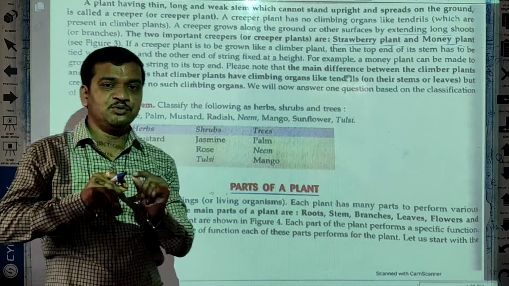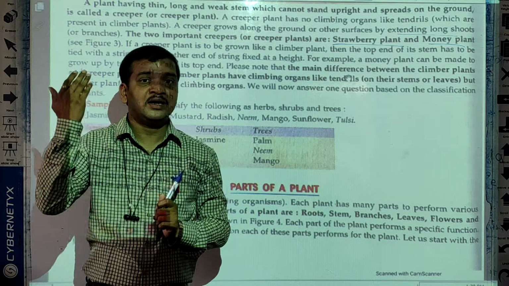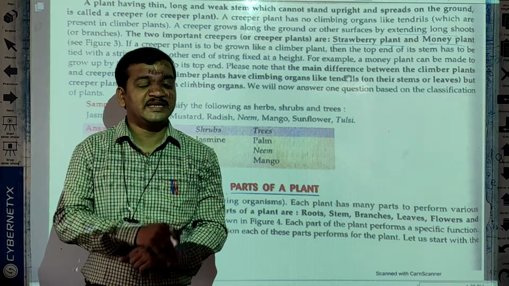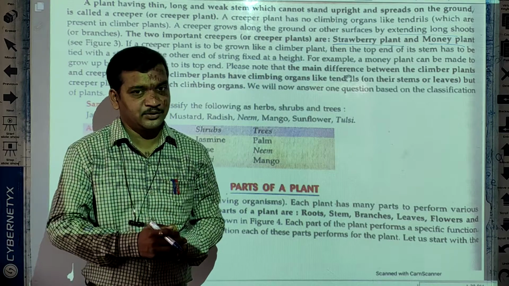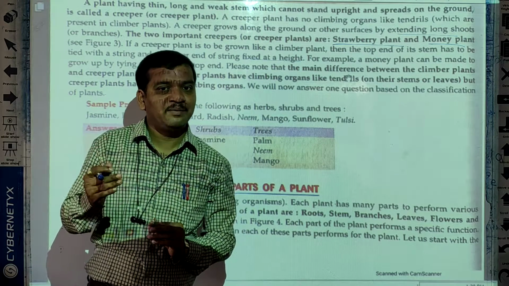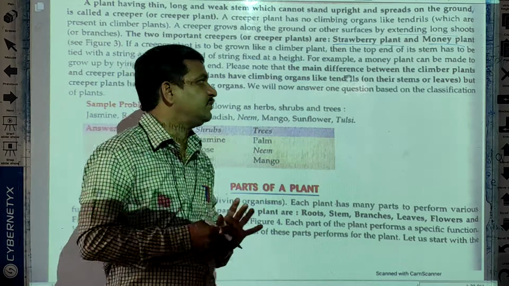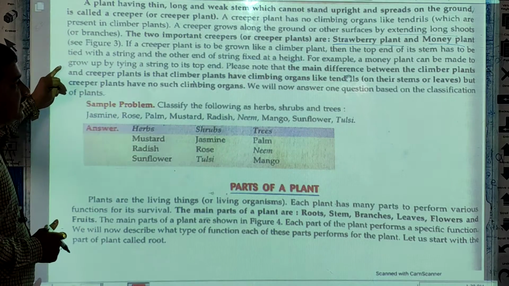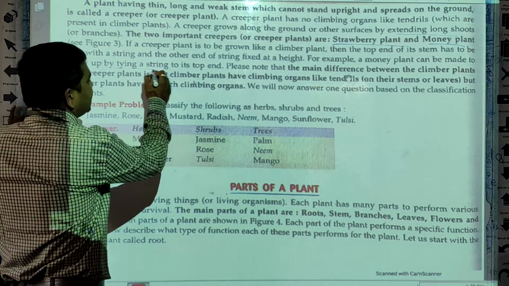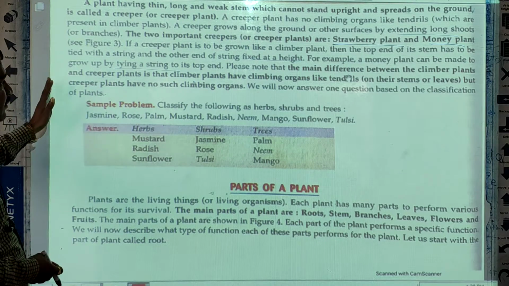In that way, if you tie the plant, the creeper plant can also grow like a climber plant by taking the support of the string. The best example is the money plant. Have you seen the money plant at home? If it is not available at your home, you can go to others and see it, so you will understand better. The money plant can be made to grow up by tying a string, and then that plant grows like a climber.